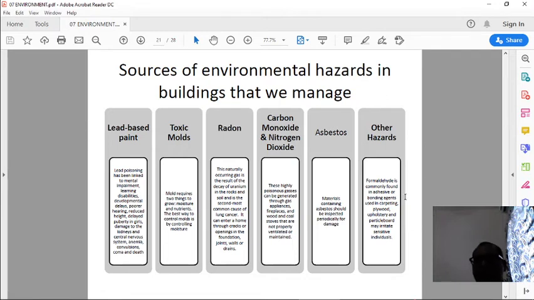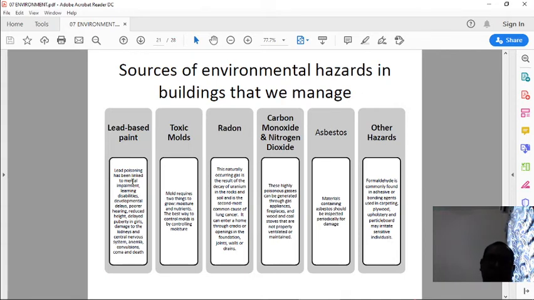If we try to save cost by using cheaper materials, but it's more hazardous to the property and more hazardous to the occupants, this is the kind of thing that can happen if you use lead based paint. So we can have lead poisoning that can be linked to mental impairment, learning disability, development delays, and others. Of course we don't want this kind of thing to happen.